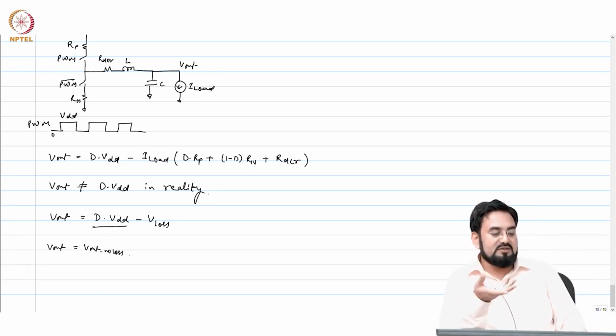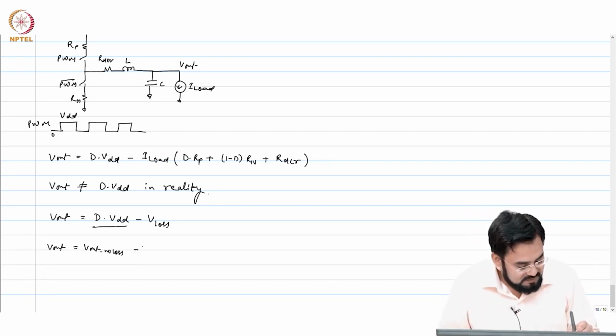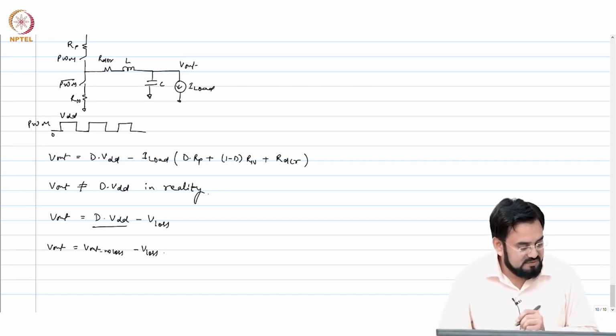V out no loss is nothing but D times VDD, and V out is that minus V loss.